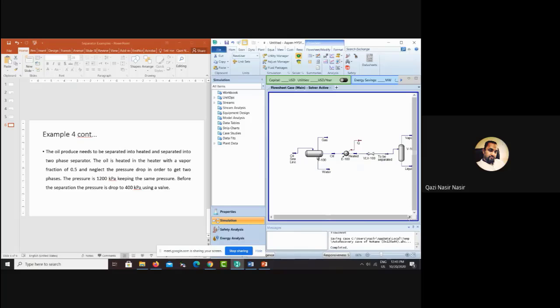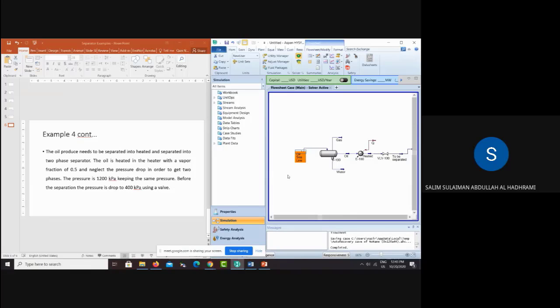What do you think? Looking at your feed stream, which components are more: heavy components or light components? Heavy components.